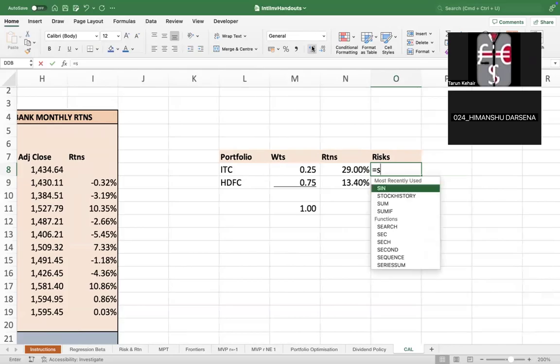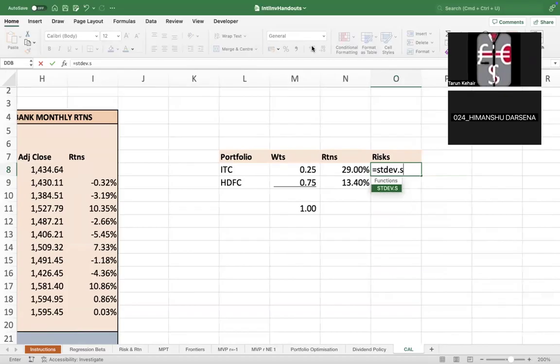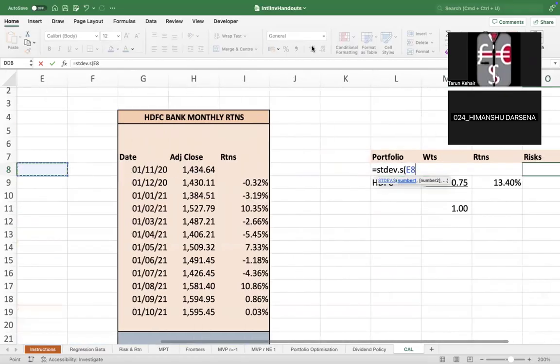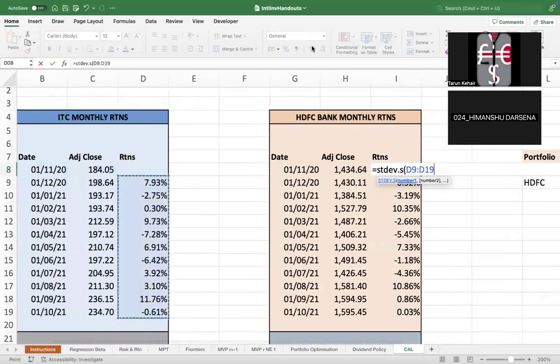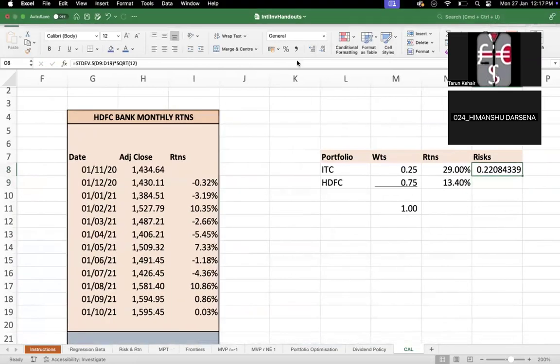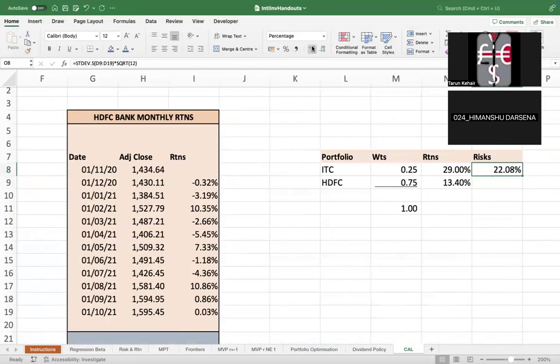So your risk will be standard deviation of your returns for ITC multiplied by root of 12, which is 22.08% for ITC.